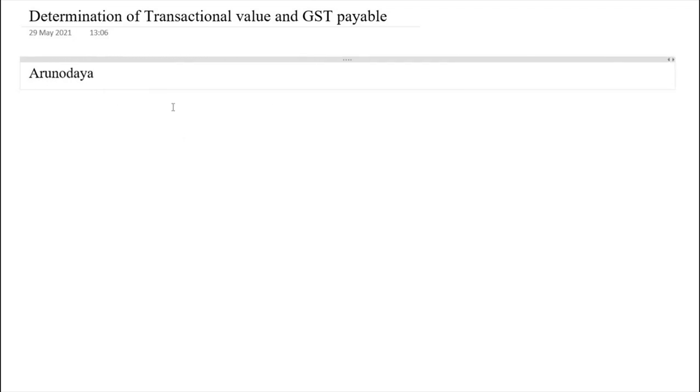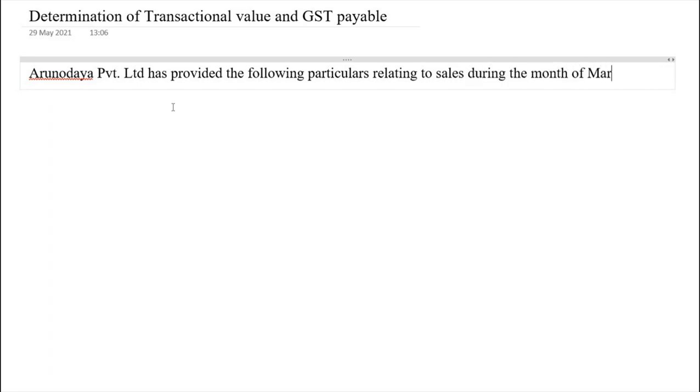This is an example of determination of transactional value and GST payable. The question is, Arunodaya Private Limited has provided the following particulars relating to sales during the month of March 2020.